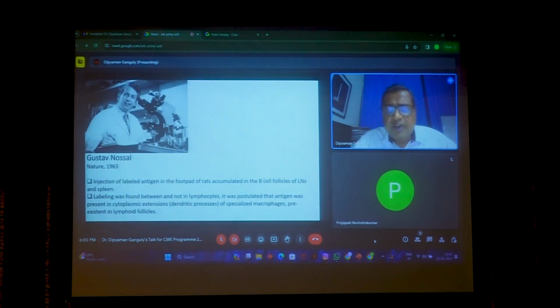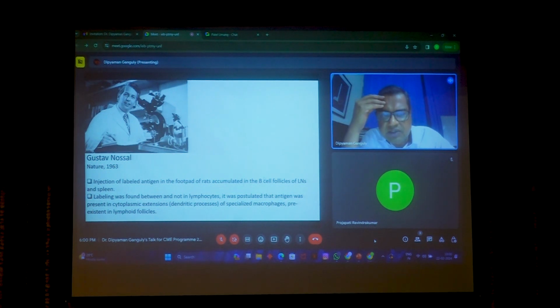And I think the first breakthrough came in 1963, with Gustav Nossal, again a doctor who turned immunologist, who published a Nature paper where he did a very simple experiment.